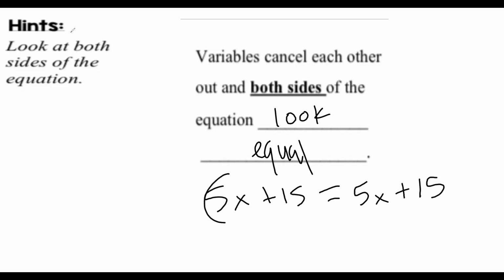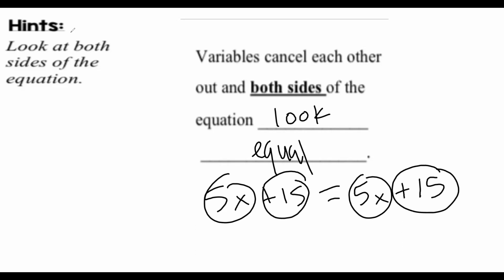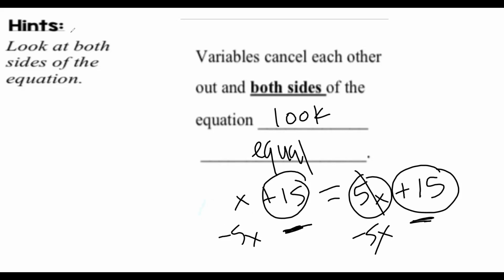We see that the coefficients and variables are the same sign, they're both positive, and there's a positive 15 on both sides, so both sides are equal. Variables cancel each other out. If we subtract 5x, they're going to cancel out. And then you see that 15 would equal 15. So both sides are equal. You can see that by looking at the equation.